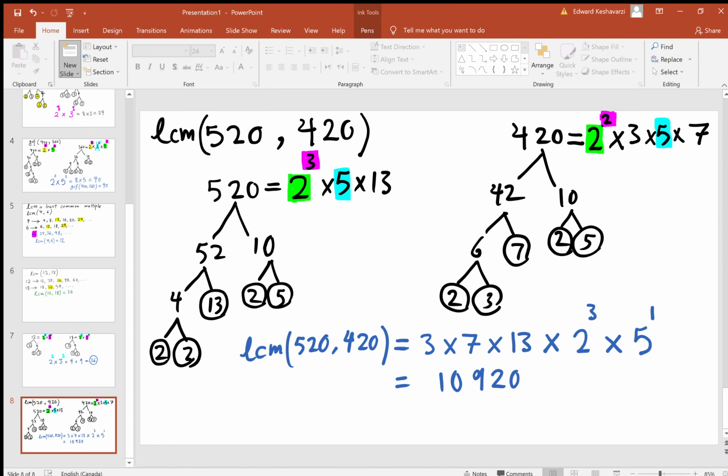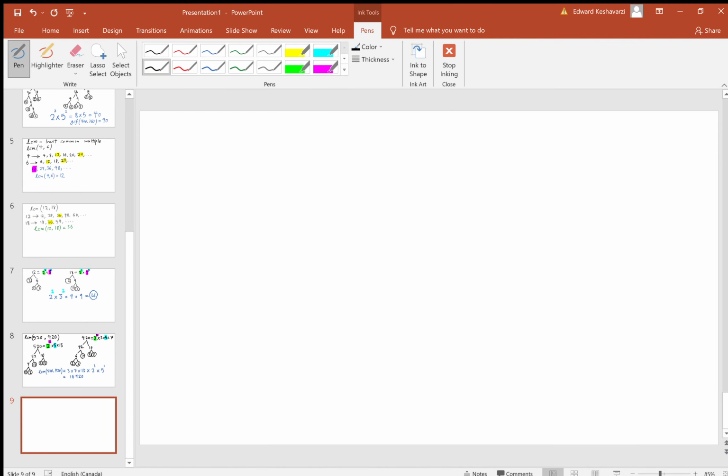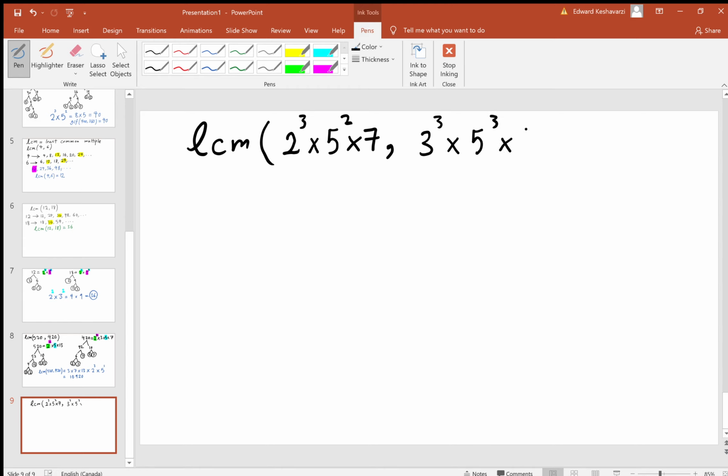And let's take a look at the last example. You are given the standard prime factorization, and you do not need in this example to break the numbers down. So we are going to find the LCM of 2 to the power of 3 times 5 to the power of 2 times 7 and 3 to the power of 3 times 5 to the power of 3 times 11 to the power of 2.